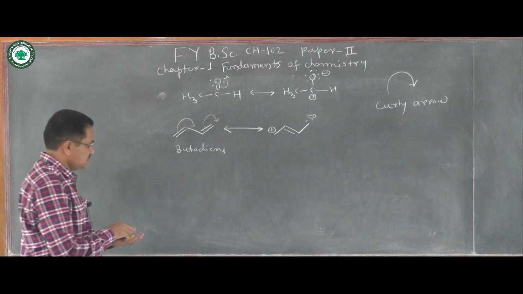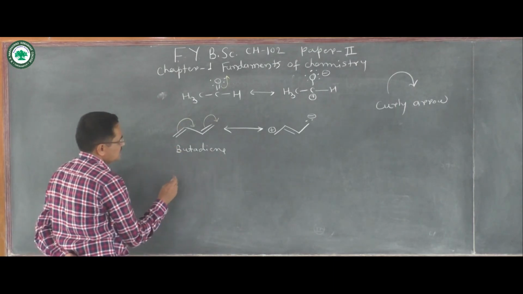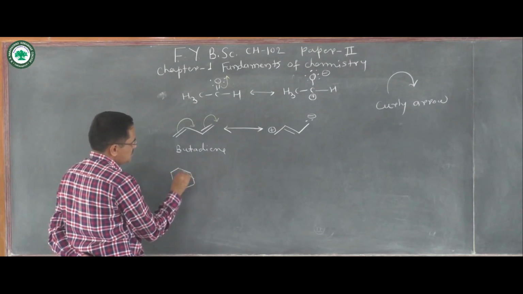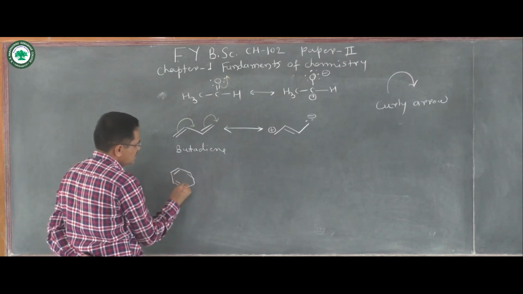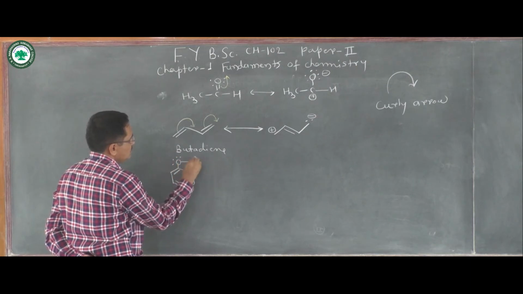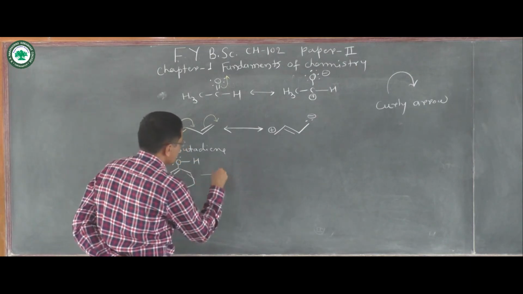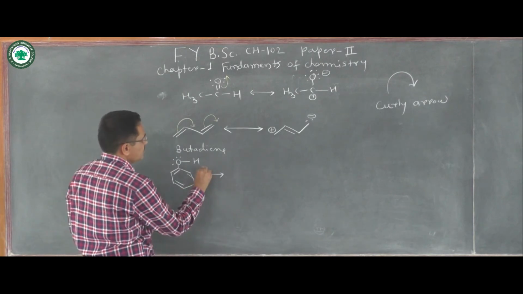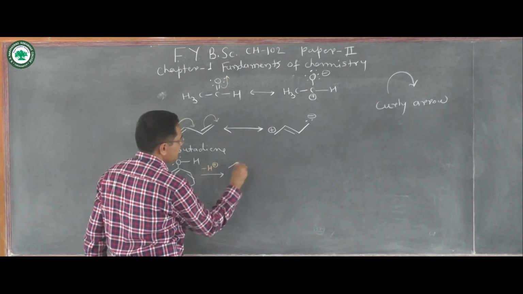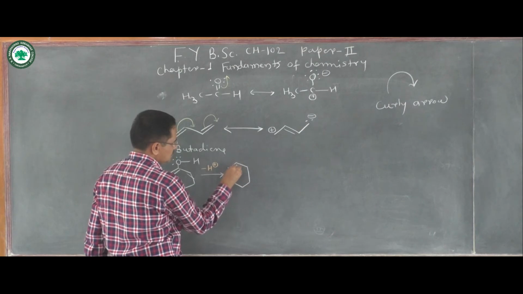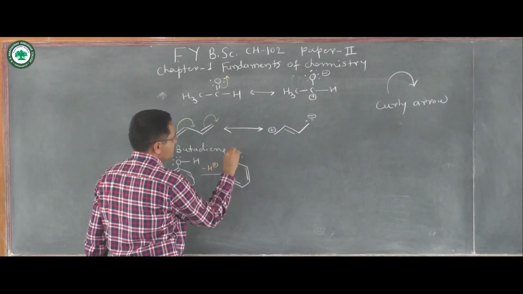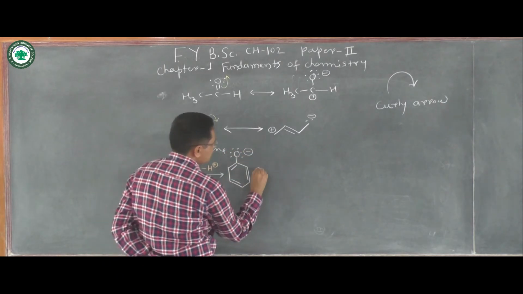Now we take one example, that is phenoxide ion. When H plus is removed from here, it forms this phenoxide ion.